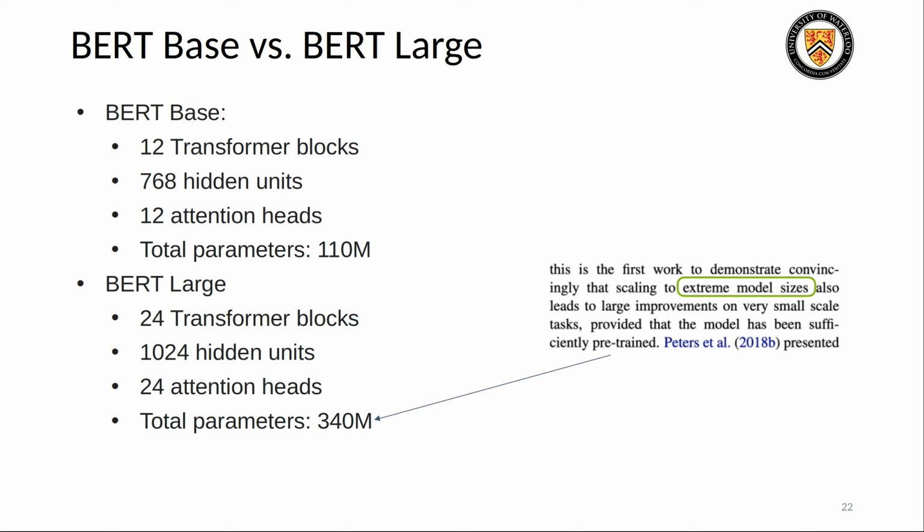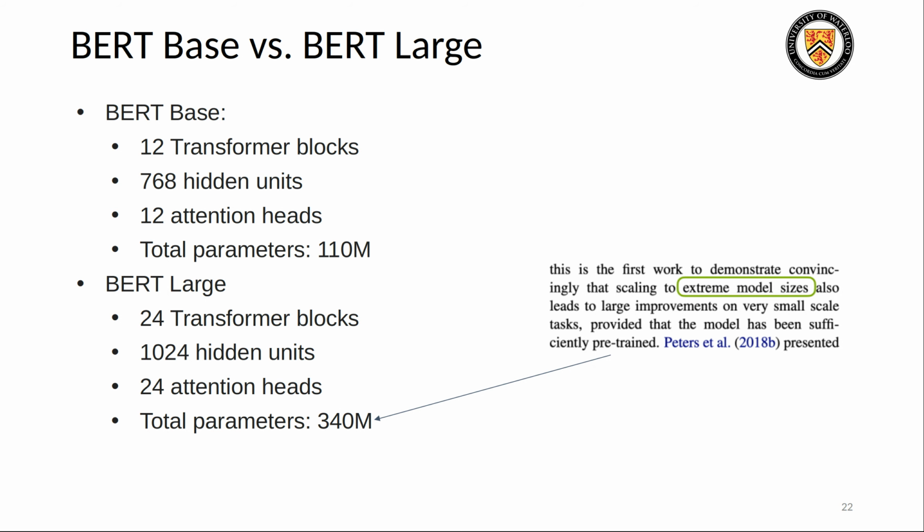The larger model has been shown to achieve better performance on various NLP tasks, but it also requires more computational resources and longer training times. Back in 2018, BERT Large was considered one of the largest models in the field.